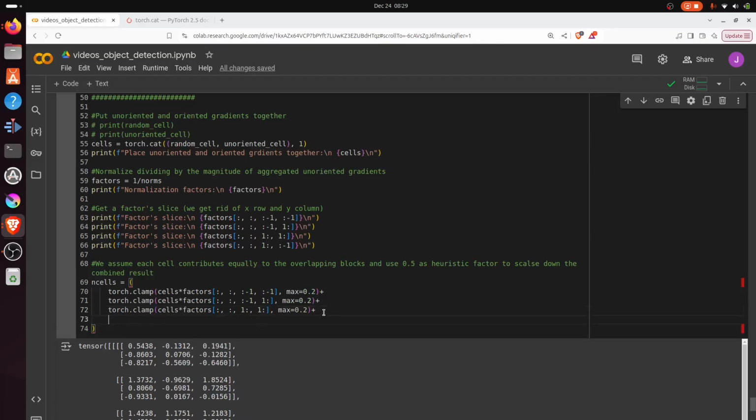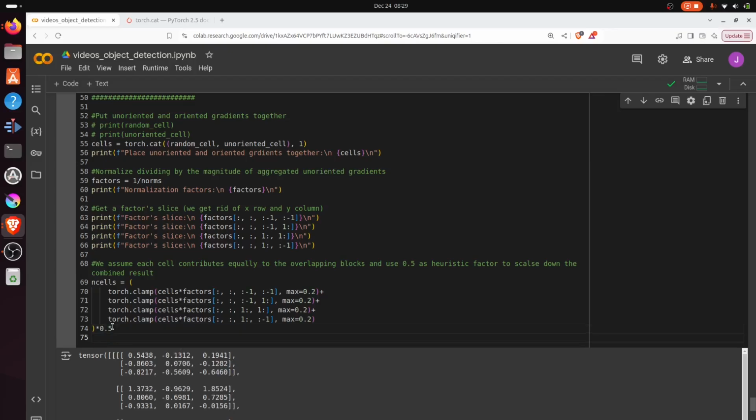And we get rid of the first row and the last column. Fantastic. Now remember, we take this heuristic factor to scale down the result, like that. And we should be ready.